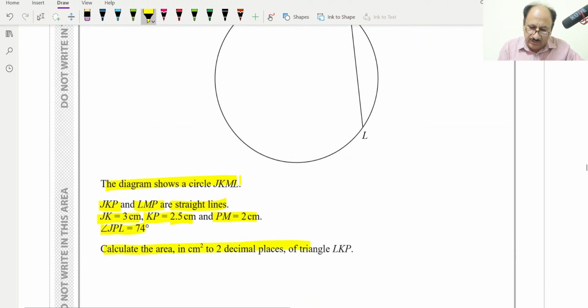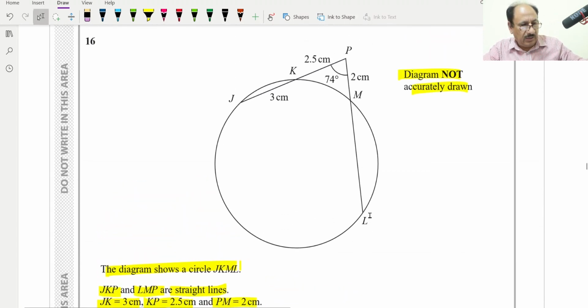Calculate the area in centimeter square, to 2 decimal places, of triangle LKP. LKP, we will join L and K first. I'll have to redraw. We don't want a double line.